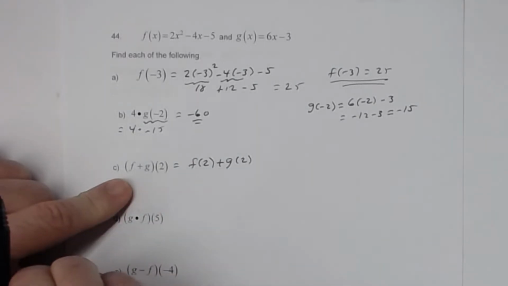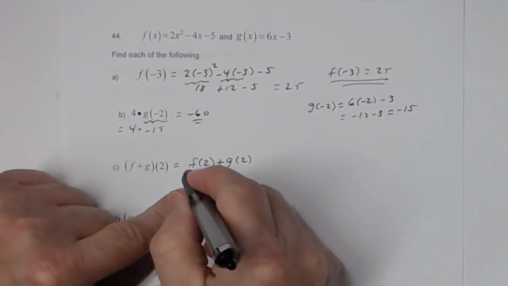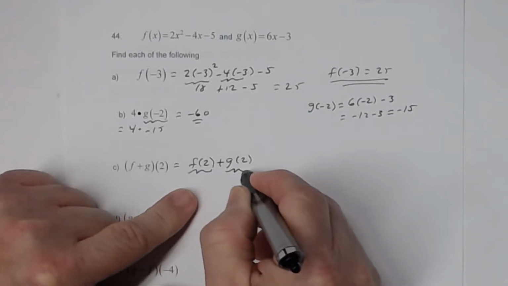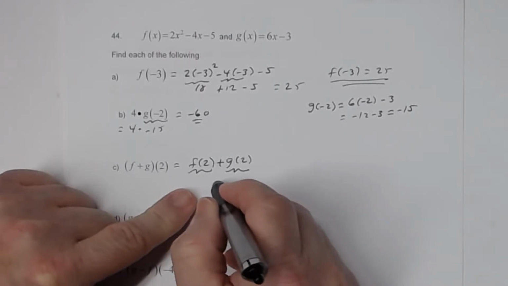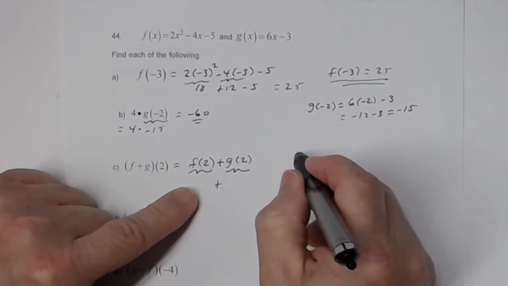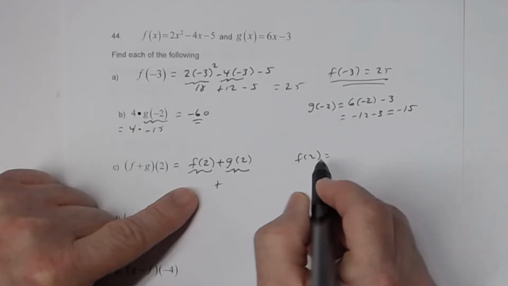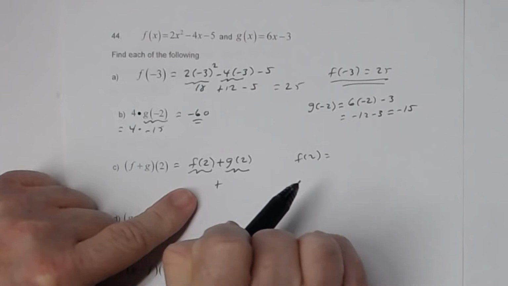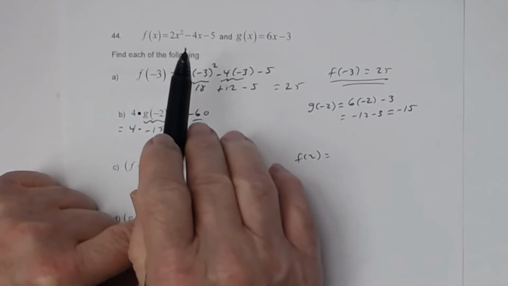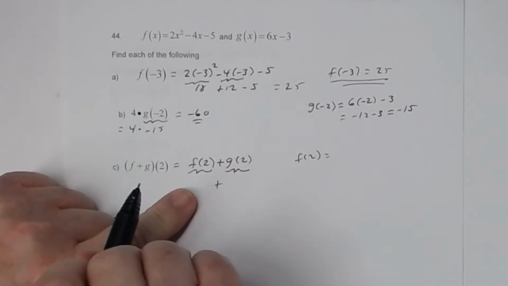That's what that means. So then we're going to go off to the side, and we're going to figure out what f of 2 is, and then we're going to figure out what g of 2 is, and then I will add them up. All right, so f of 2. You can do it just like you did g of negative 2. So you go to your function f, and where we see the variable x, you substitute 2.